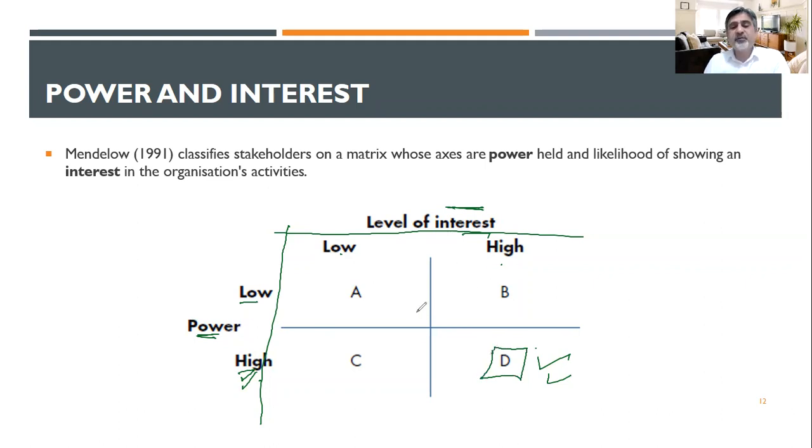On the other hand, if you see segment B, here level of interest is high, but power is less. If you see section C, here interest is low, power is high. Which one would I consider here? Probably many government organizations or government departments, or probably the tax authority.